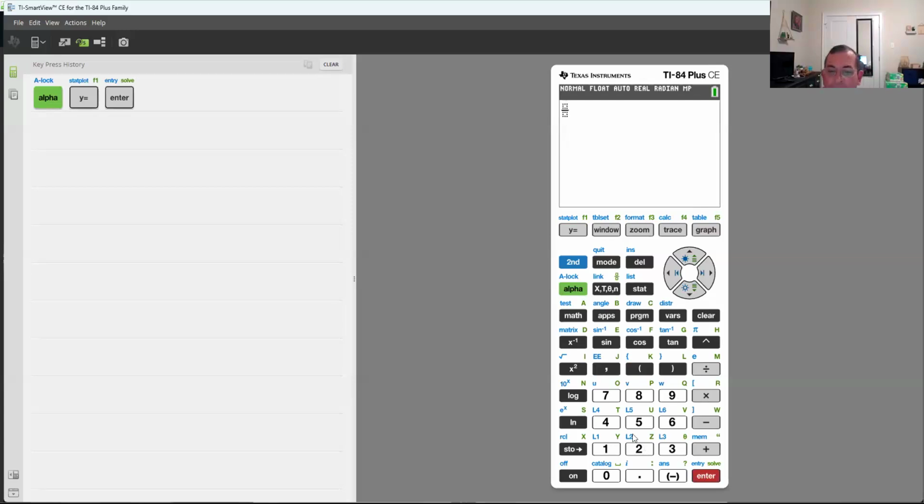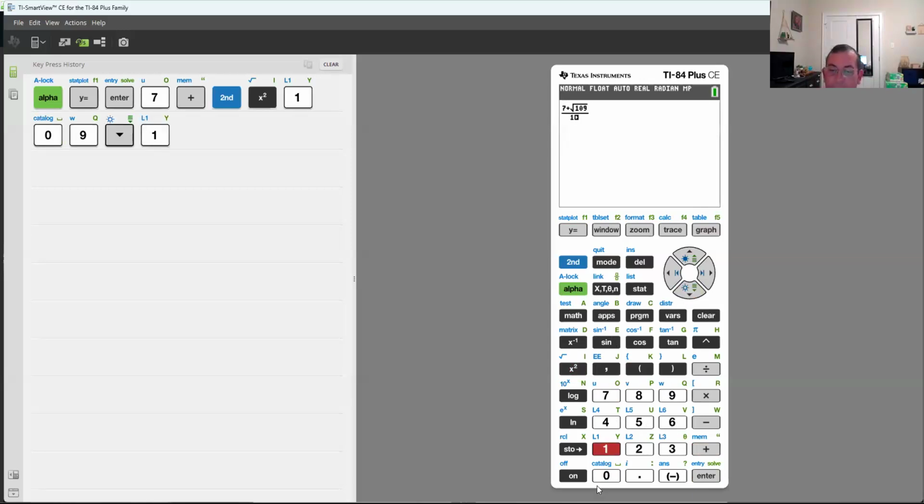So on top I had 7 plus square root, which will be second x squared. Under that I had a 109. Then I'm going to arrow to the bottom and I had 10. All right, y'all, there's my first one. When we hit enter, we'll get the first decimal approximation.